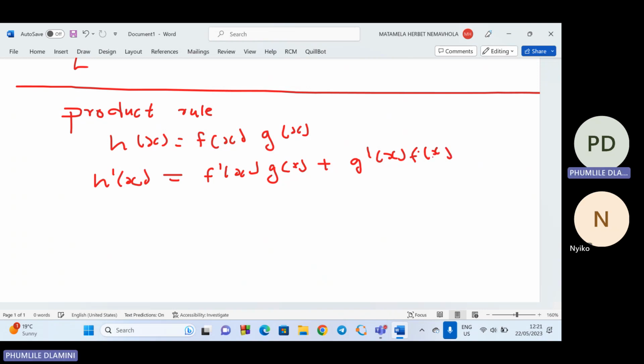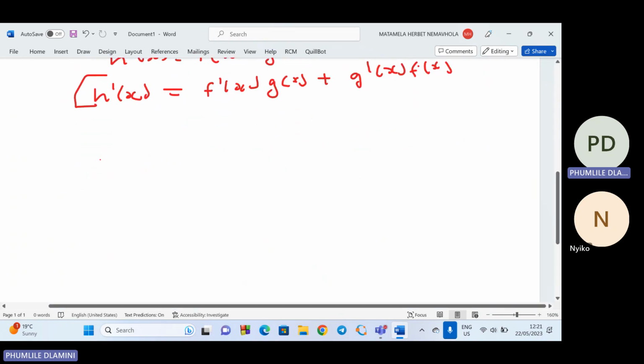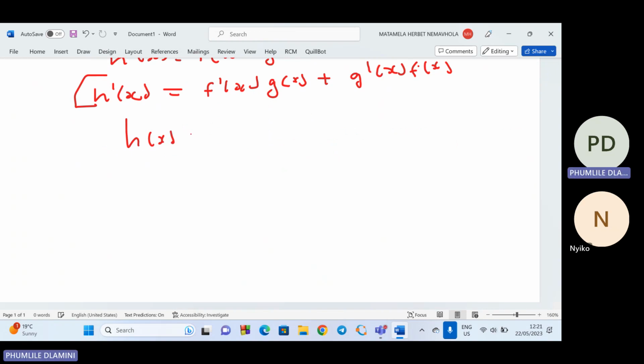Now people, when they see this formula, get confused too much based on g of x and h of x. It means that I can have a function h of x equal to, for example, x e to the power x. These are two functions.